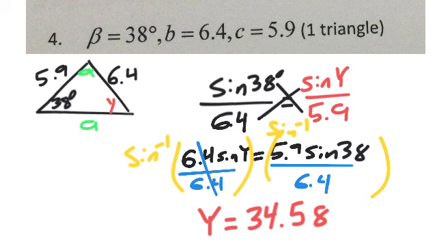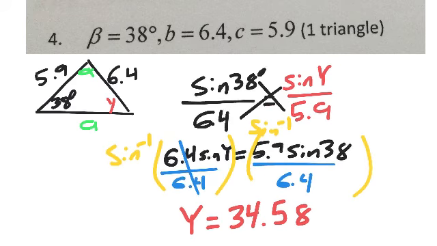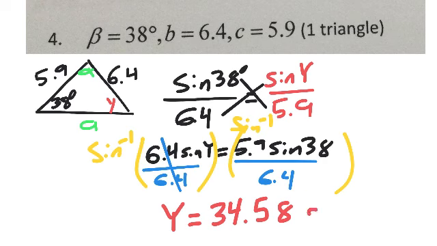Okay? So now, we have to find out, could another angle work? Because it could also be in the second quadrant because sine is also positive there. So we're going to do 180 minus the angle we found, which is 34.58. When I do that, I find gamma could also be 145.42.